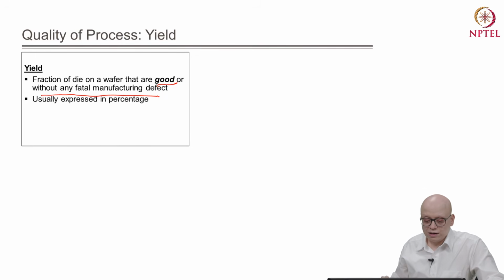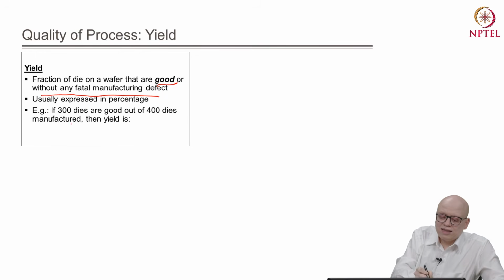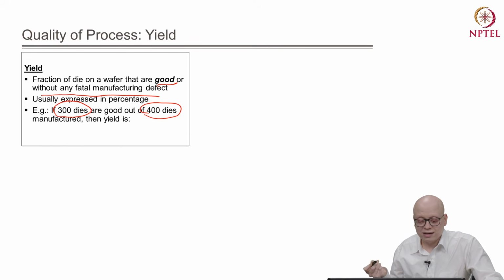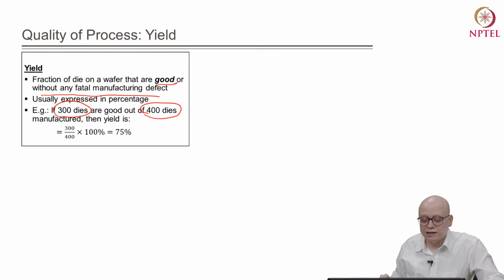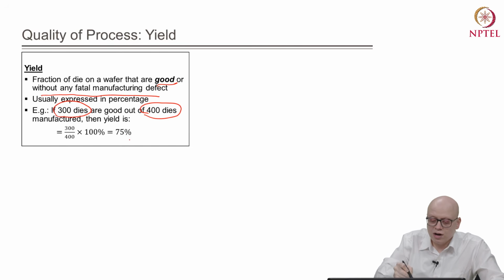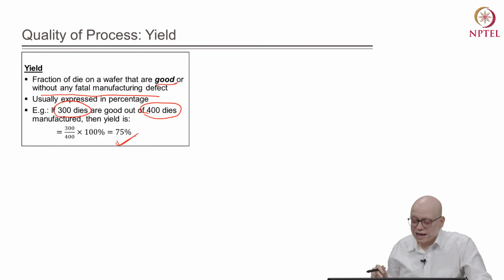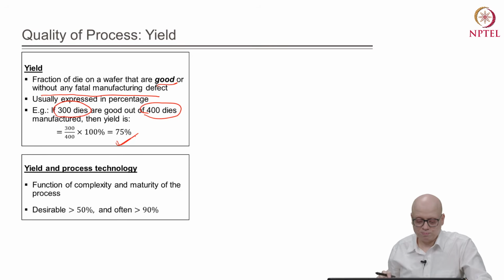For example, if we are manufacturing 400 dies and out of them 300 dies are manufactured good and 100 are having some defects, then we say that the yield of this process is 300 divided by 400 into 100, which is equal to 75%. So, this is the fraction of dies on the wafer that are good, expressed in percentage.